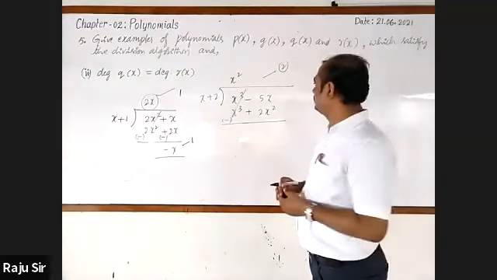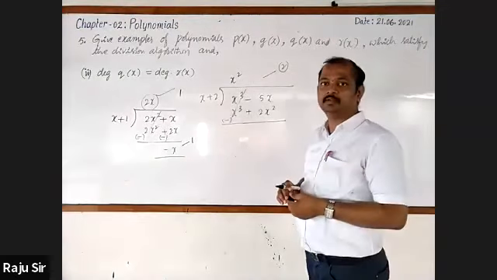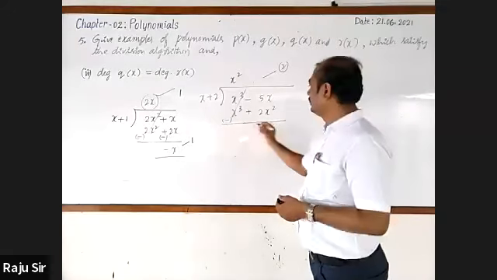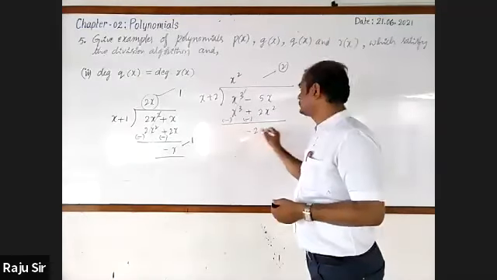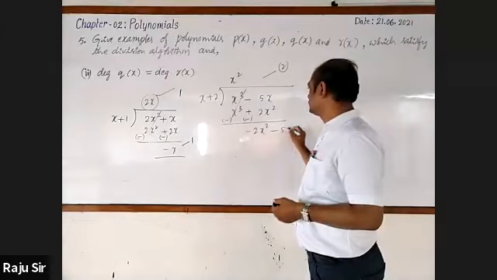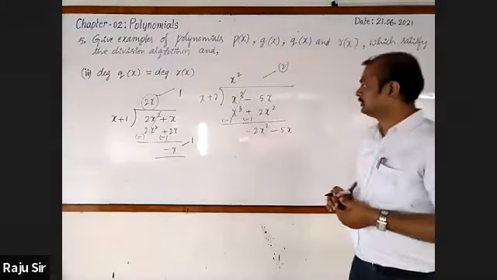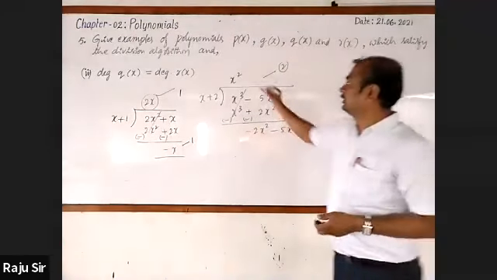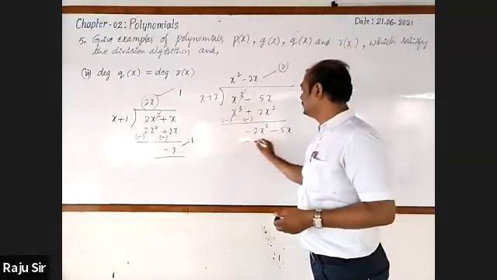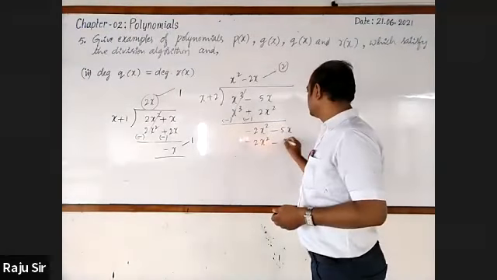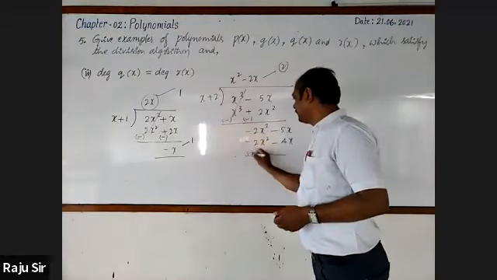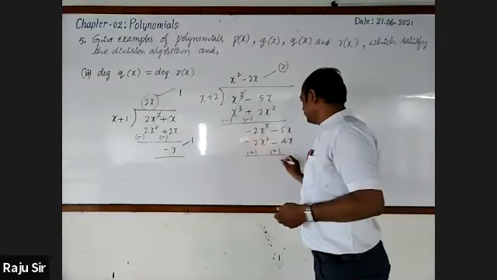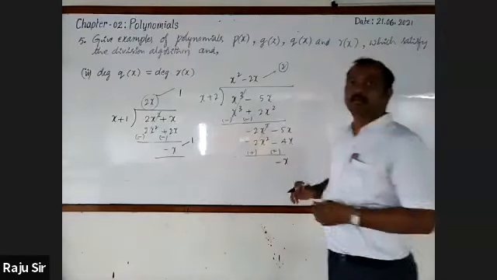The term is missing, then how do you go about writing? It is minus 2x square minus 5x. But then when you multiply, it will be minus 2x. It is minus 2x square minus 4x. It is minus 1x.